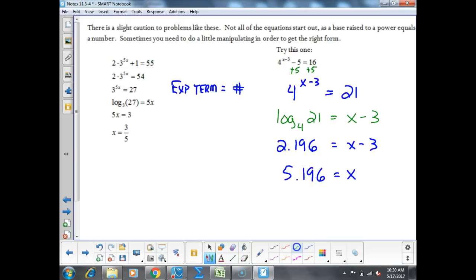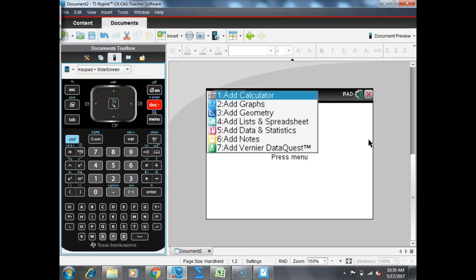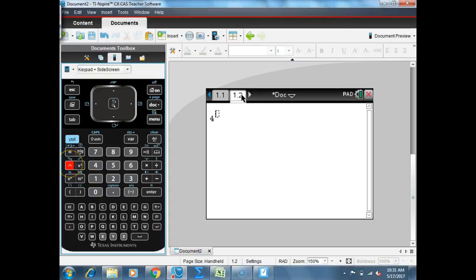Check it on your calculator. So 4 raised to the 5.196 minus 3 power is going to equal that. Then minus 5 is going to be that. Yes? What's wrong?